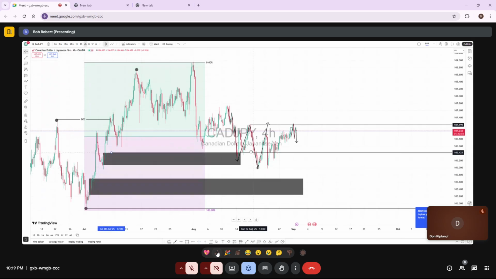Hapa hivi where you entered the trade, such that in case the trade comes back, you're not going to enter into loss. Itafunga na a small profit ama break even. Break even inamaanisha the entry point whereby you're not going to incur any loss, you're not going to have any profit. So amekuwa stopped out na trailing stop loss hapa.